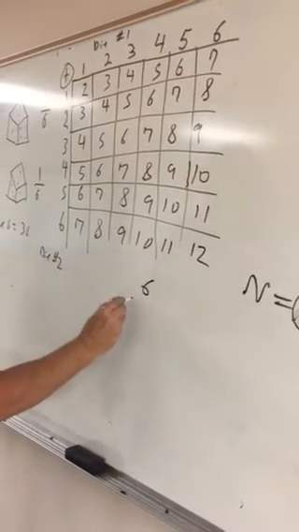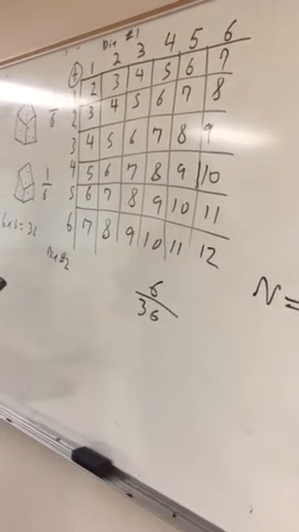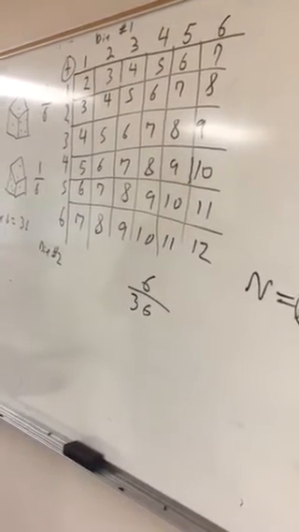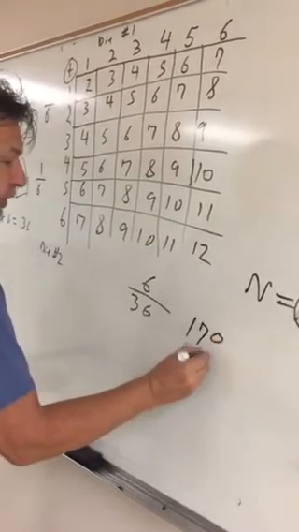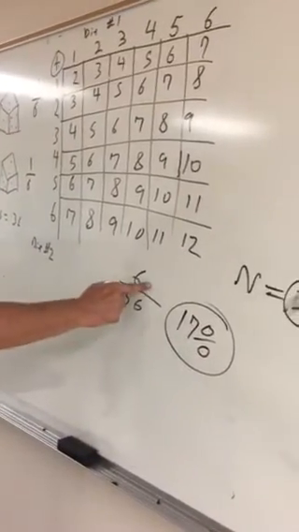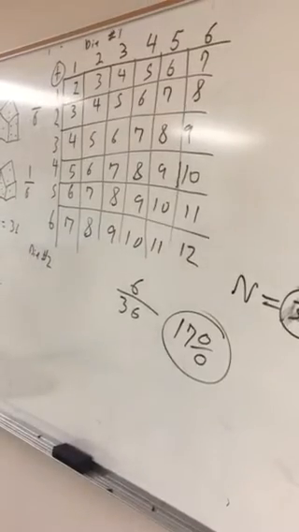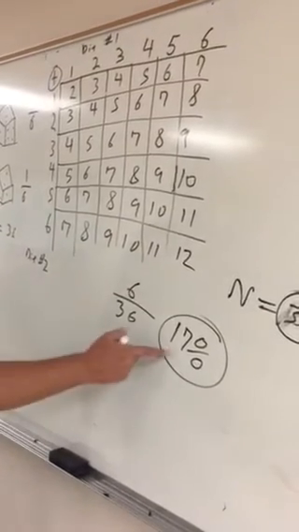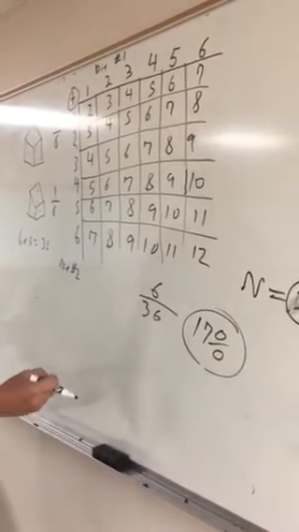So I've got 6 over 36, and I can break that down, but I'll just do it on my calculator. 6 divided by 36 is 0.17, so there's a 17% chance. There's a 17% probability that if I roll 2 die, it will turn out to be a 7.